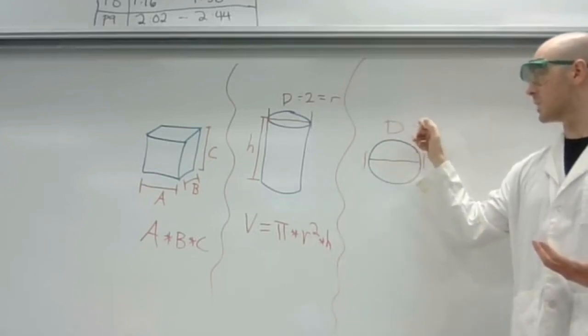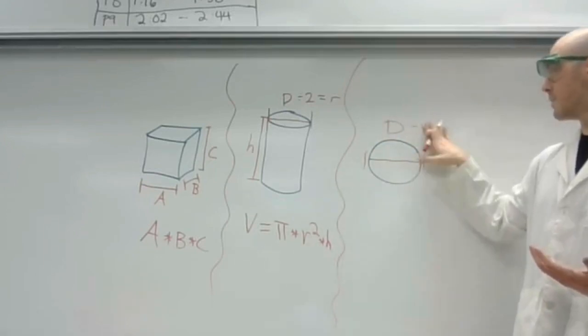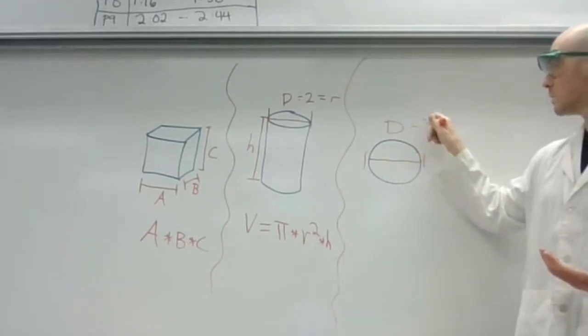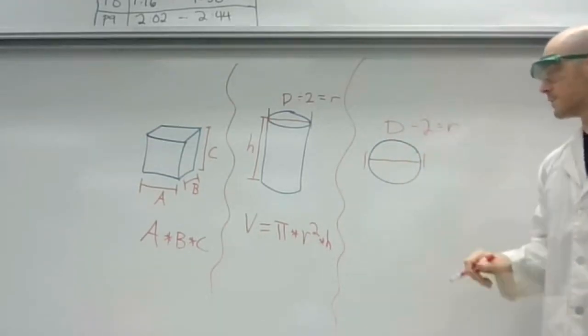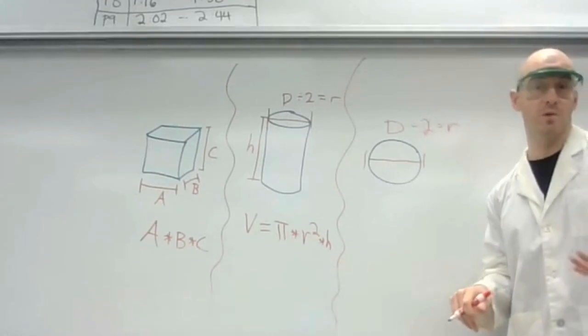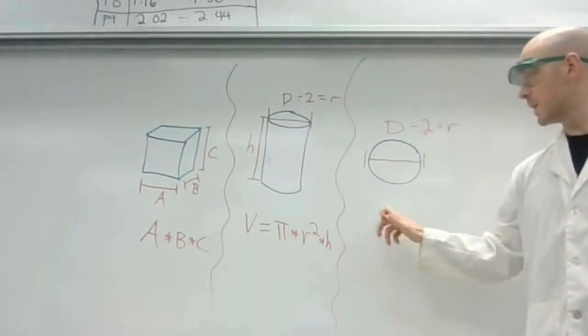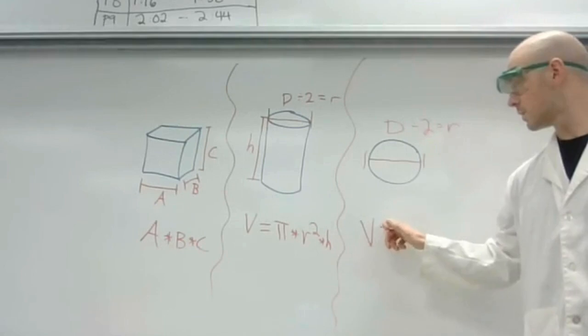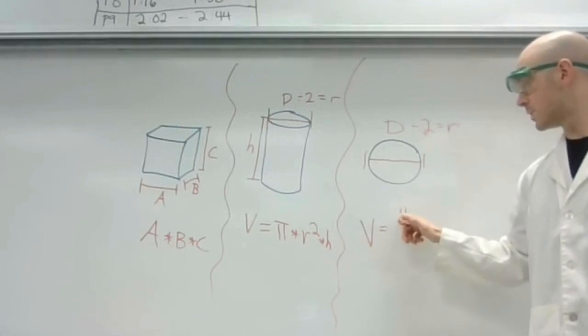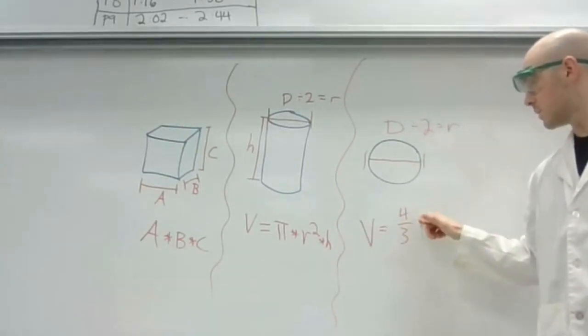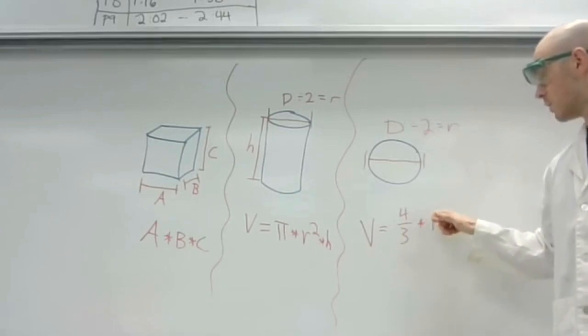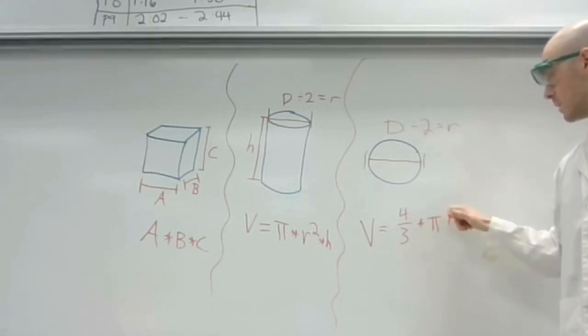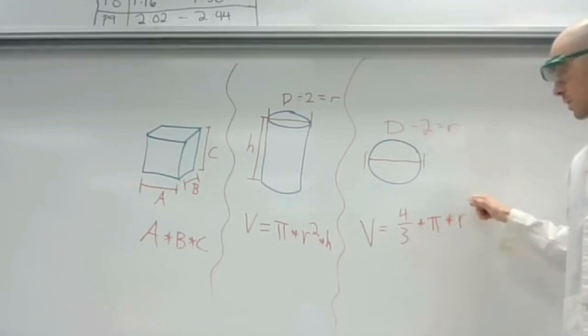And again, just like with the cylinder, you want to divide by 2 to get that radius. Now we only really need that one measurement because the volume of a sphere is the equation 4/3 times pi times r cubed.